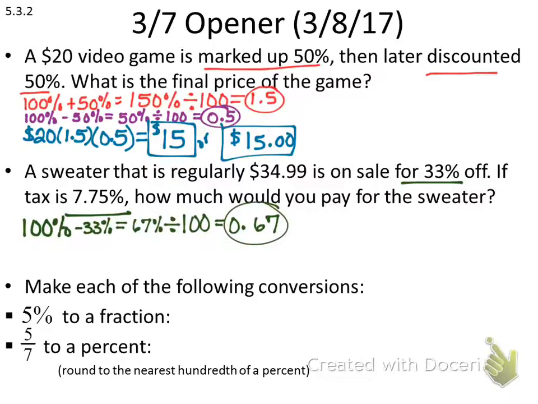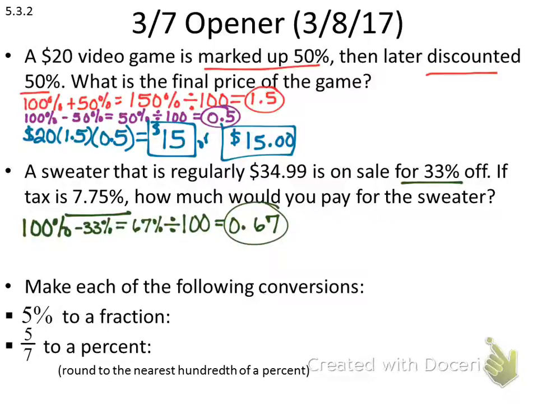I underlined my percent changes. It's just a visual. I'm a very visual person. I like the information that's important to be underlined. Okay, so now we had our decrease. So now we're going to work with our increase, because if it's taxed, it's going to be an increase in the price. So I do my steps 1 through 3 over again.